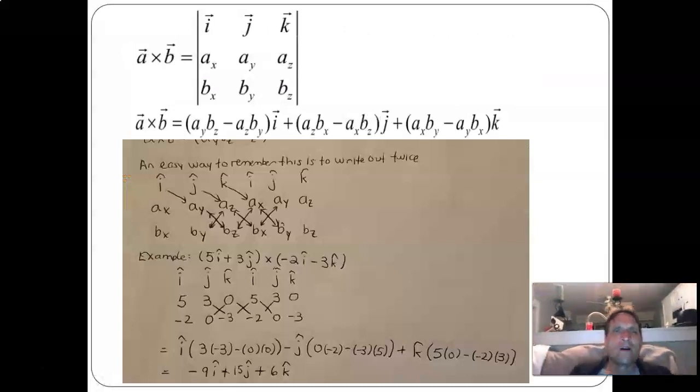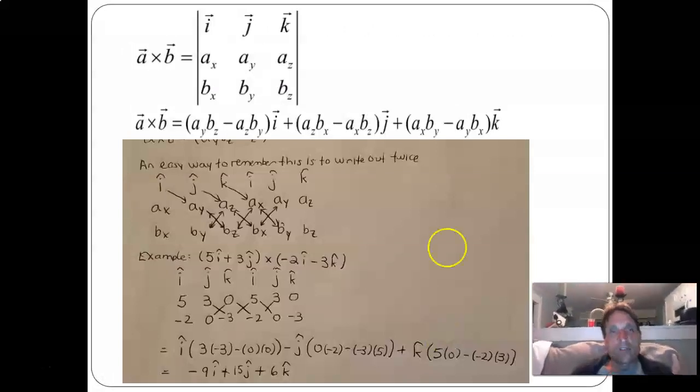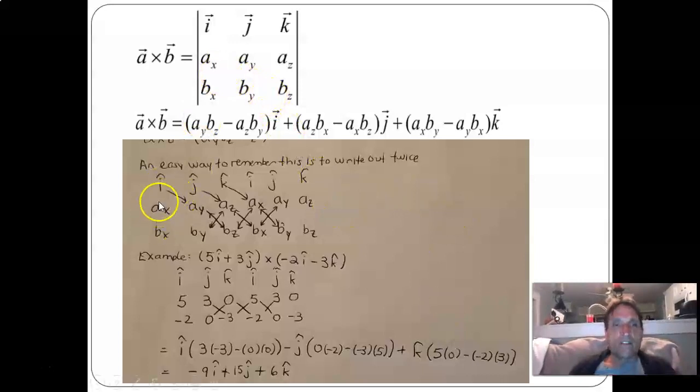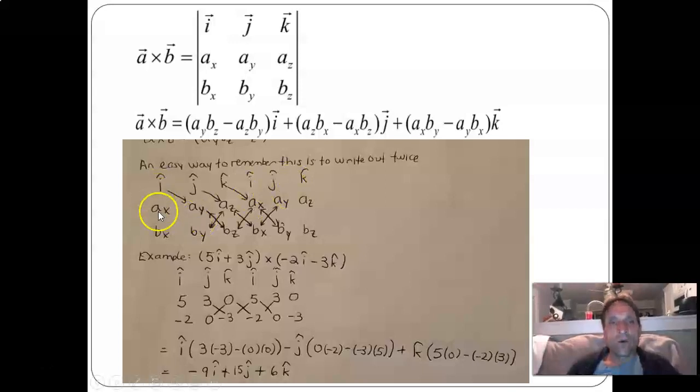There's another way to get the same result, and this may be a little easier if you haven't taken linear algebra. There's a little trick here. If you have two vectors, A and B, where A has AX as the I component, AY as the J component, and AZ as the K component, we write the unit vectors twice. So we write I hat, J hat, K hat, I hat, J hat, K hat. Then we write the three components of A twice as well: AX, AY, AZ, AX, AY, AZ, and then BX, BY, BZ, BX, BY, BZ.